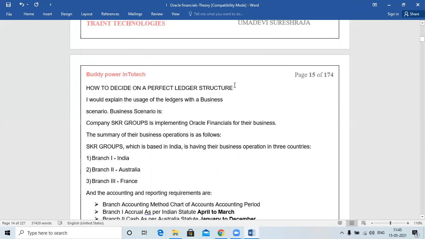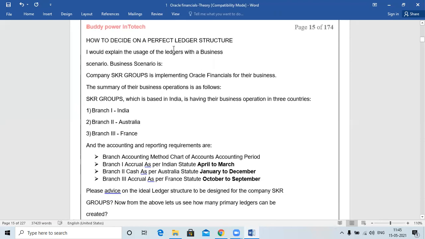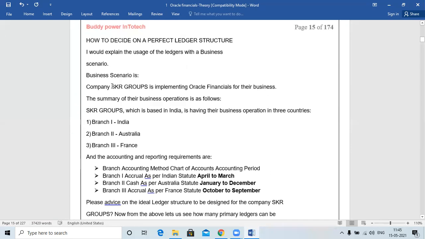How do we decide the ledger structure? You can see this business scenario; you can read it.